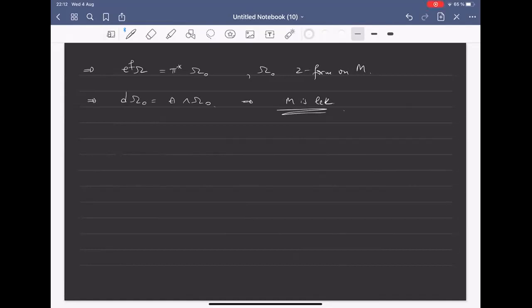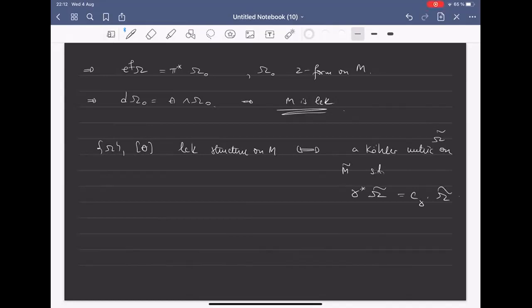Okay, so what we learn is that an LCK structure on M is equivalent to a Kähler metric on the universal cover such that gamma star of this Kähler metric, omega tilde, is a positive multiple of omega tilde.